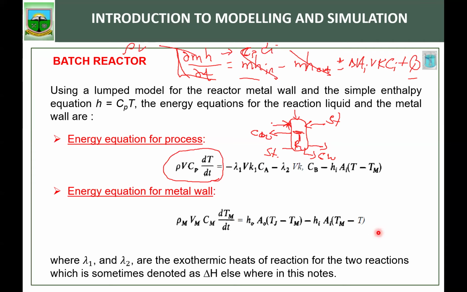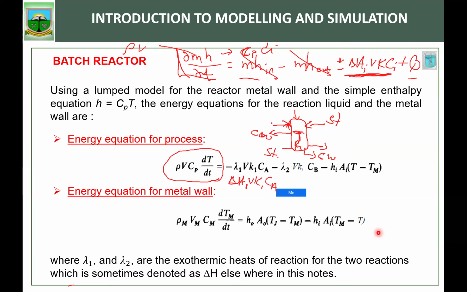Then the next thing will now be the heat of reaction. So we account for the two reactions that are taking place. So for the first reaction, we're going to have this lambda here, which is the same as delta H. Okay, that's the exothermic heat of reaction for the first reaction. So this could have been 1 here. Then we have V K1 Ca.